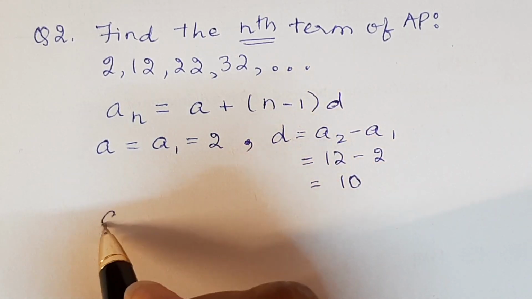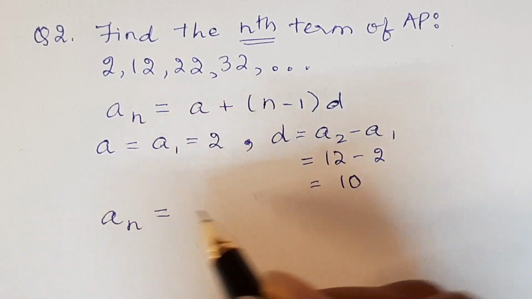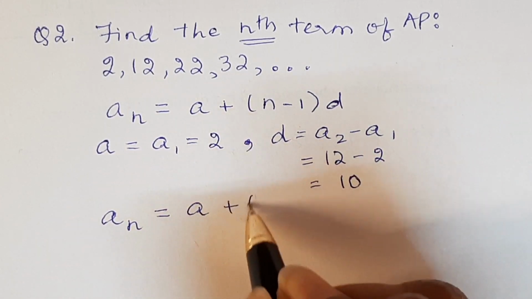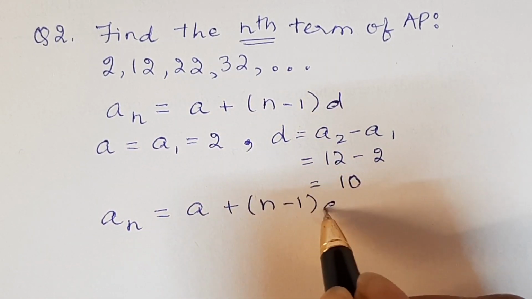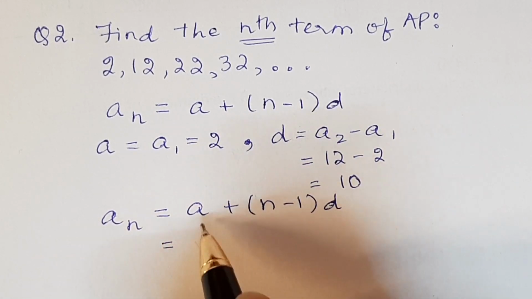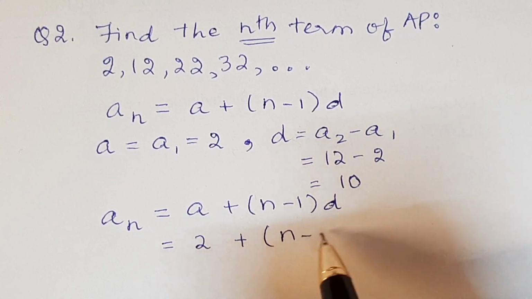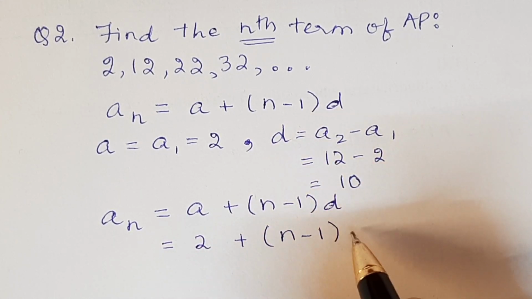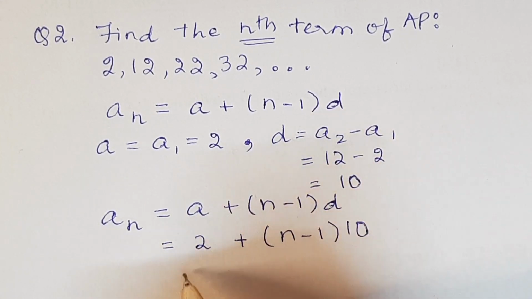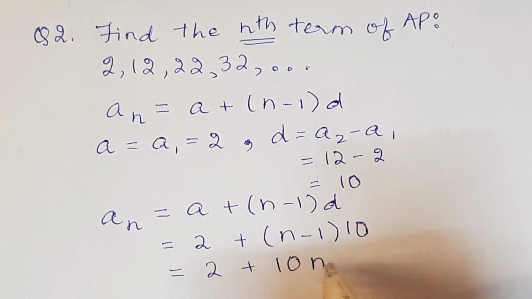Now, the nth term will be AN equal to, we will write the formula once again, A will be 2 plus n minus 1 into D, which means 10. So we will have 2 plus 10n minus 10.